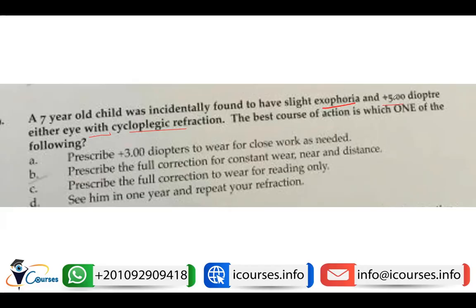So what happens to this child? This is a child who has a +5 diopter of cycloplegic refraction, has hypermetropia. And this hypermetropia resulted in the patient struggling to see the near and distant targets with no use.